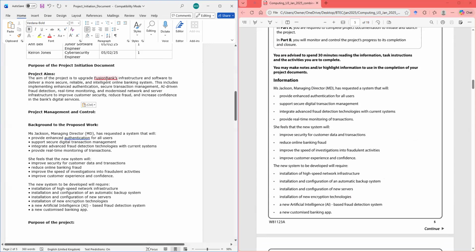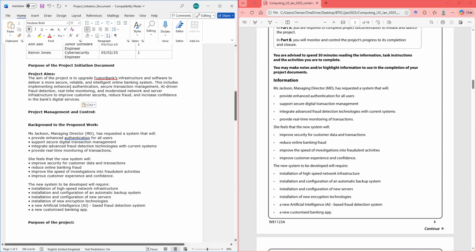All right, so the aim of a project is to upgrade Fusion Bank's infrastructure and software to deliver more secure, reliable, and intelligent online banking system. Because I've read this, what are we doing? Right? Integrate fraud detection system, makes it intelligent, provide real-time monitoring, and that would be it.